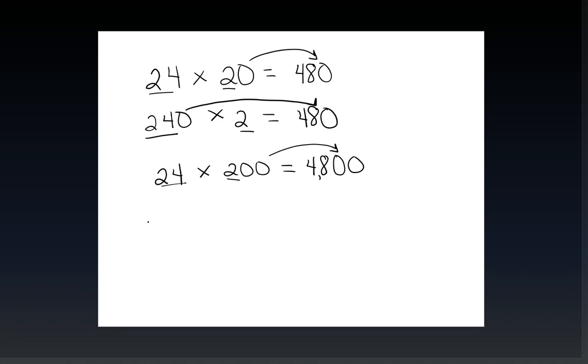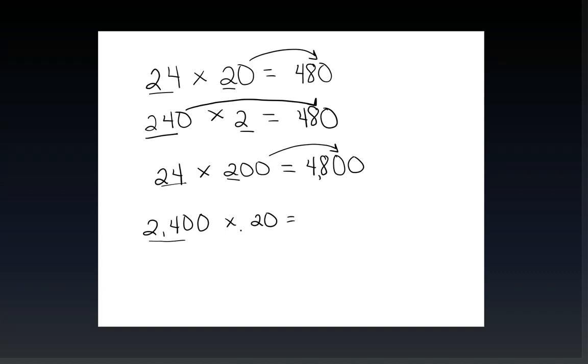What if now I've got some zeros in both of my numbers? What if I've got 2,400 times 20? I'm going to start exactly the same way. So I'm going to look at my numbers that are not zero.